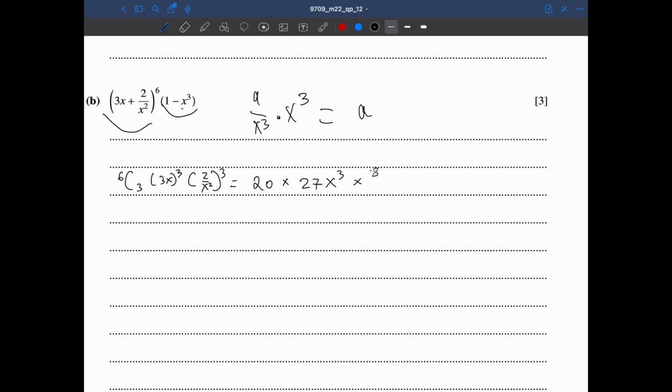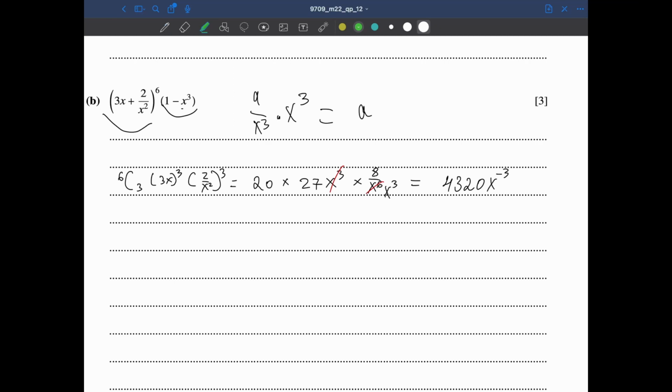Then we're going to multiply it by 8 over x to the power 6. So x cubed and x to the power 6 will cancel out, and this will be x to the power minus 3 now. So all of this will give us 20 multiplied by 27 multiplied by 8, 4320 x to the power minus 3, basically.